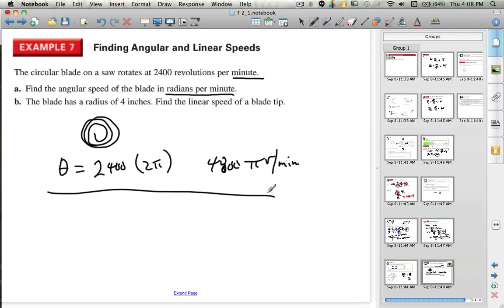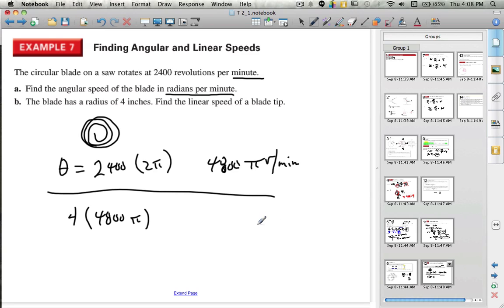And if we want to talk about linear speed, I'm going to need to find the arc length. So the arc length is going to be 4 times 4,800 pi. And I'm going to divide that by time, which is also going to be per minute.